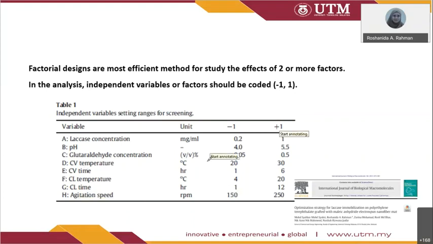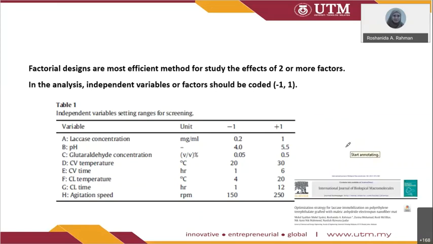So this is the crucial part of optimization, but not very crucial in screening. But in optimization, yes, the most important part is to get the perfect or the correct range for the study. Because at the end, the mathematical model that you have developed from the statistical analysis is based on this range only, not the range that you haven't covered.